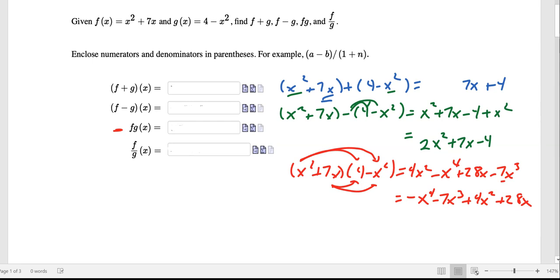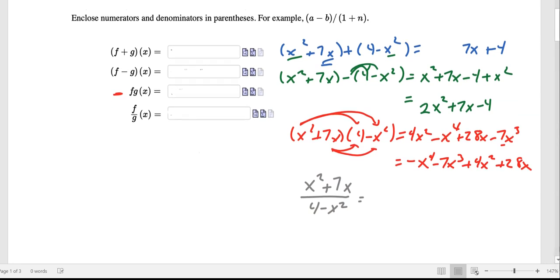And then the last one is the quotient of them. So you would just have x squared plus 7x divided by 4 minus x squared. Now you do want to be careful with quotients because you need to factor them and see if anything will reduce.